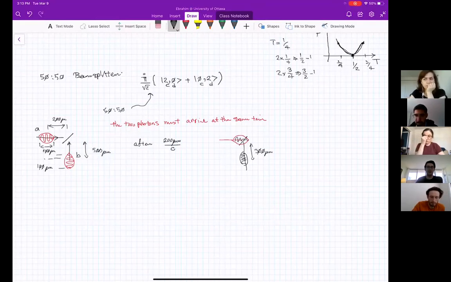So with 50-50, it will be reflected or transmitted, so no coincidence. If you look at the coincidences, you will still see coincidences, because the same scenario will happen for photon B after another 300 micrometer divided by c time. Okay, clear? So what people usually do is they have a delay line.